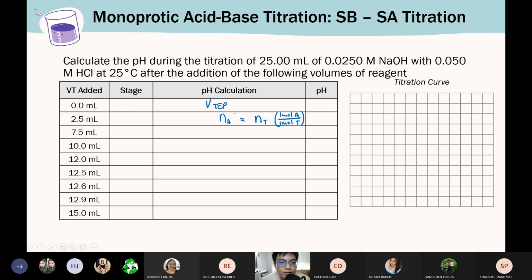And then, how do you get the moles? So it's MAVA equals MTVT. So 1-to-1 lang yan kasi that is a monoprotic acid-base titration. So kahit i-delete ko na, okay lang yan. So hanapin si VTEP. So it's MAVA over MT. What's the answer?